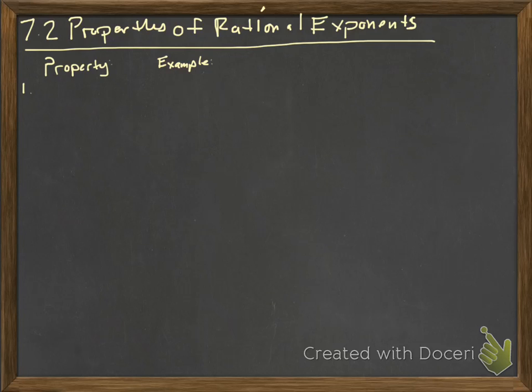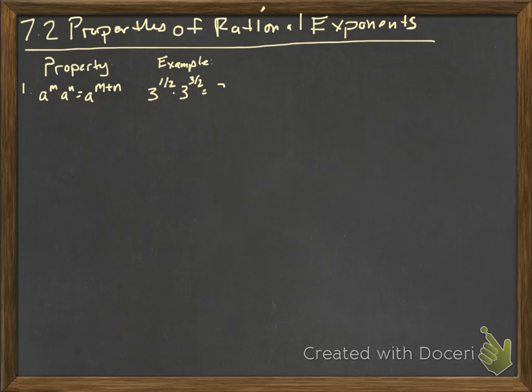The first property is our product of powers. If I have a to the power m times a to the power n, you should hopefully remember that you just need to add the exponents. So an example from this section would be, let's say I had 3 to the half power times 3 to the 3 halves power. All I'm going to do is add those exponents.